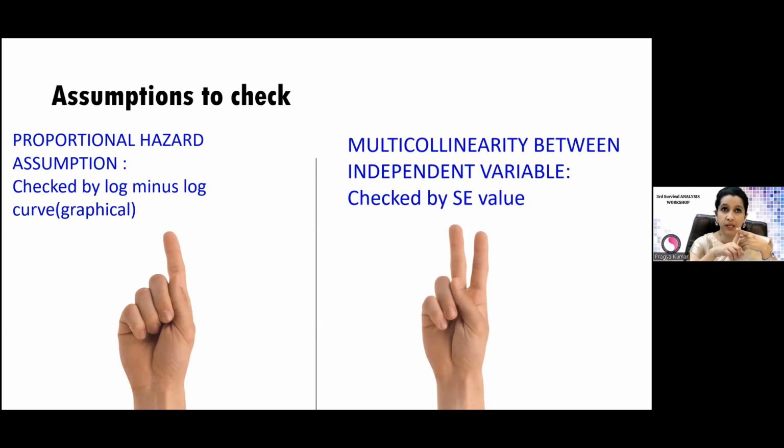It can be checked using the standard error value, which is there in the table in SPSS, but not in Jamovi. Or it can also be checked by performing a correlation matrix. The value of the correlation coefficient should be less than 0.8, or you can have 0.7, 0.8, less than that. It should not be very high. Otherwise, you have to drop one variable.